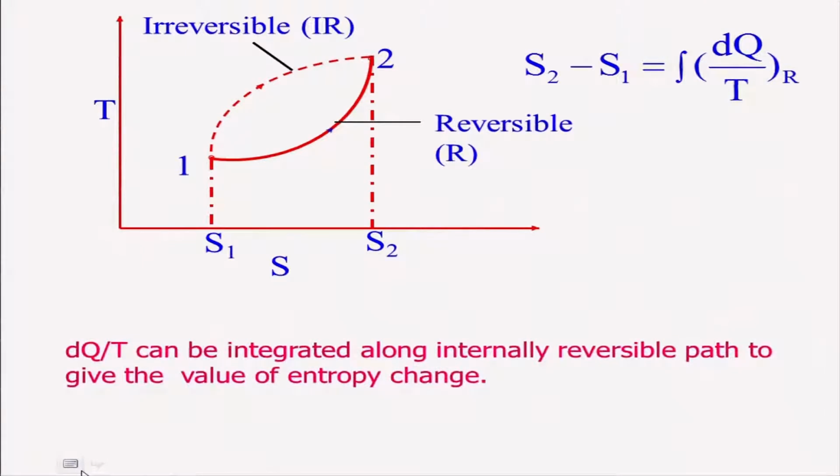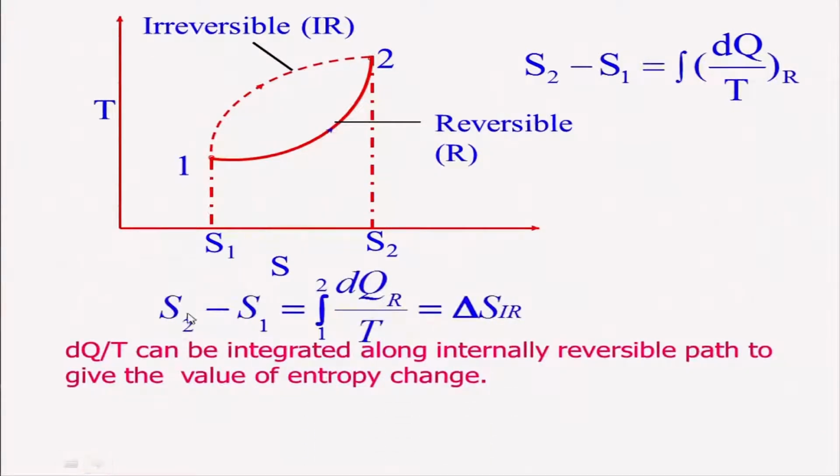And dq by T can be integrated along the internally reversible path to give the value of entropy change. We have already seen that S2 minus S1 is equal to the integral of dq by T for the reversible process, which is equal to the change in entropy for the irreversible process. Keep in mind, this is basically an irreversible process.